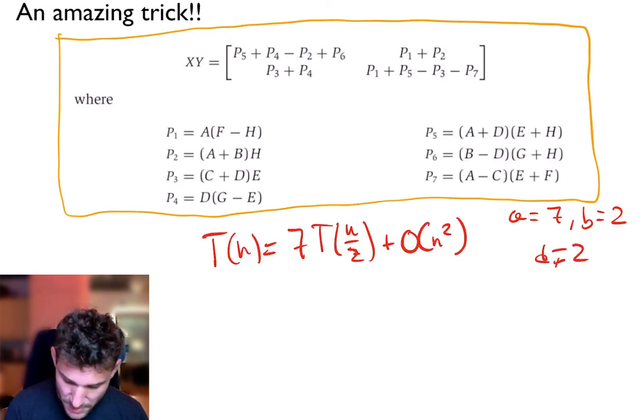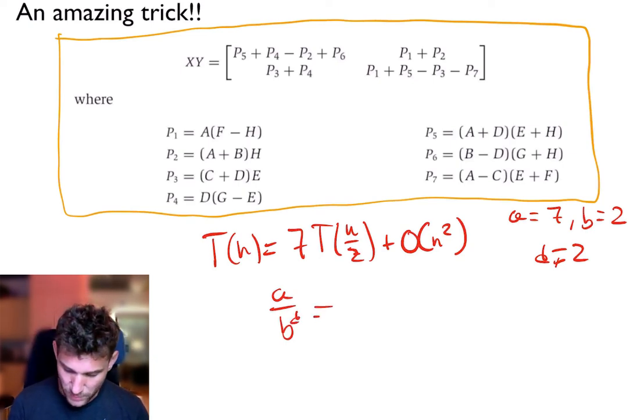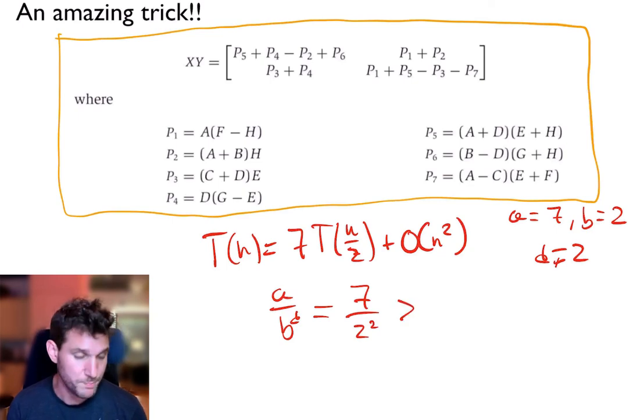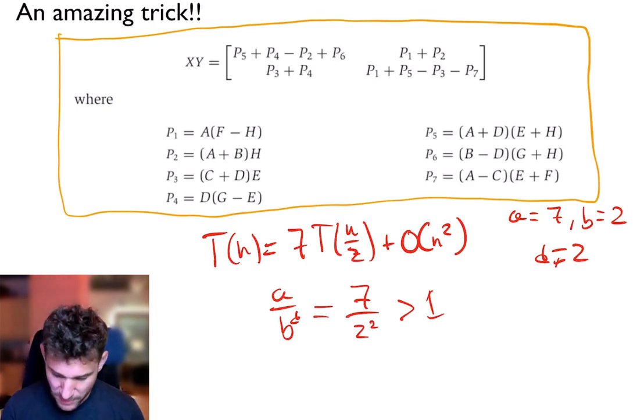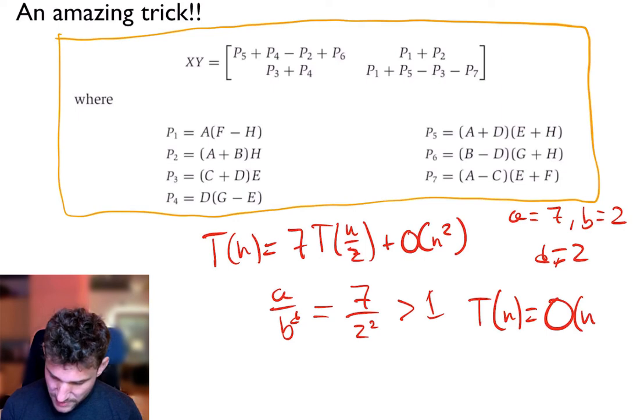We have a over b to the d, just to use the master theorem. That equals 7 over 2 squared, which is 1 3/4, still larger than 1. So we end up still in the last case of the master theorem. So we know that the final running time is T of n equals O of n to the log base 2 of 7.